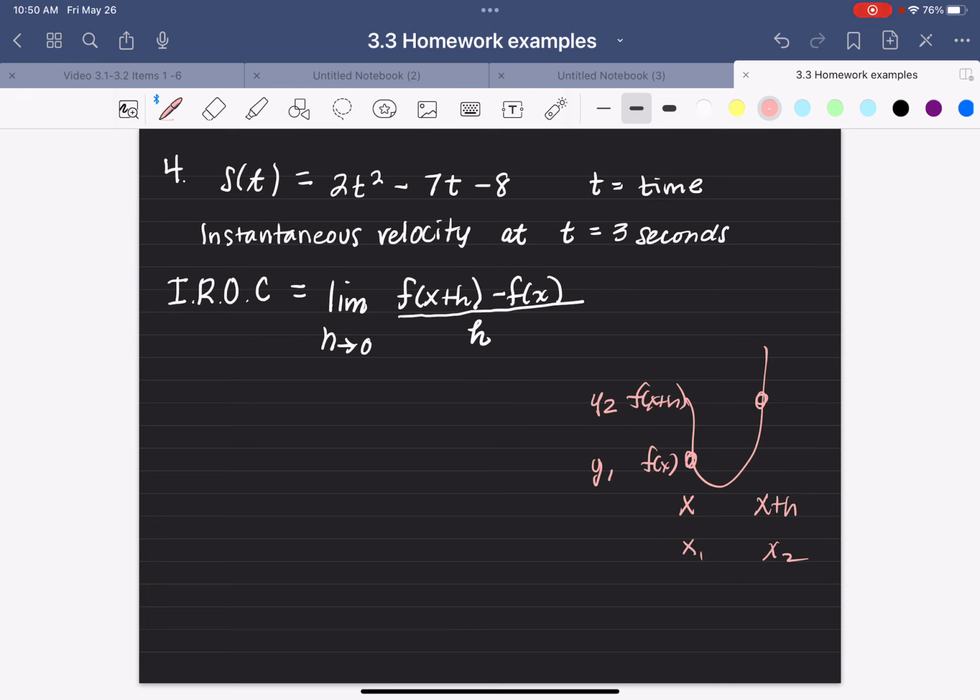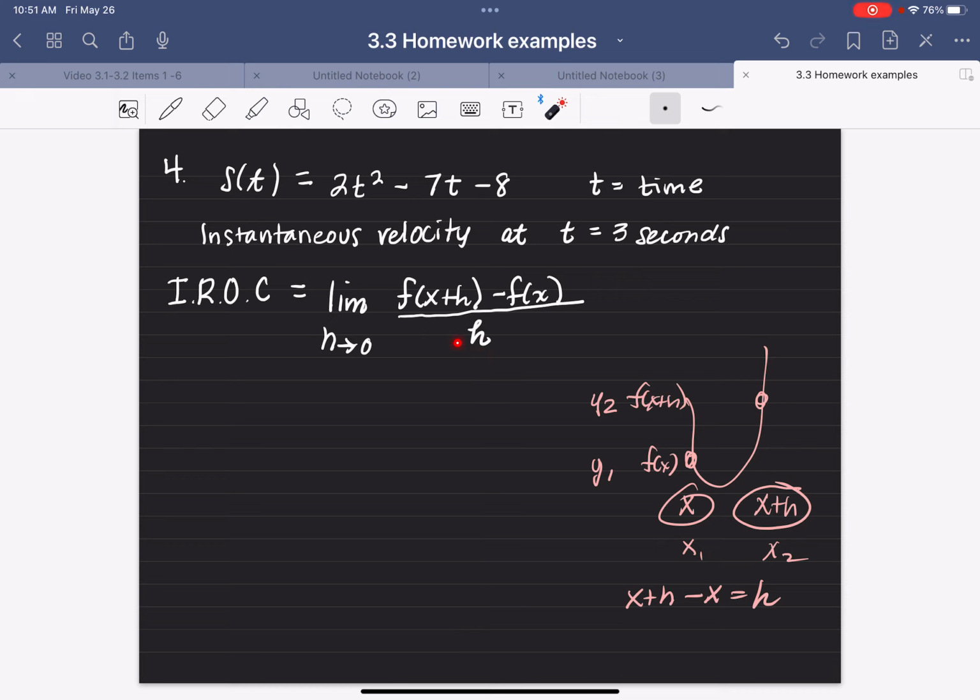Now, when you subtract your x's, your second x, x plus h, minus x, you end up with just h. That's where this denominator comes from. It is x2 minus x1, but we just write it as h.